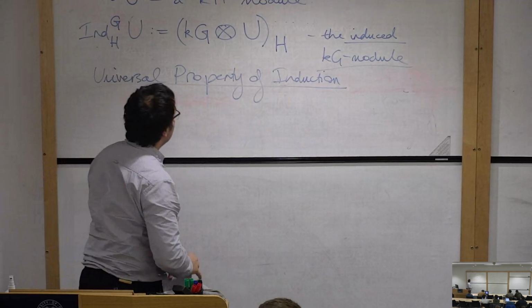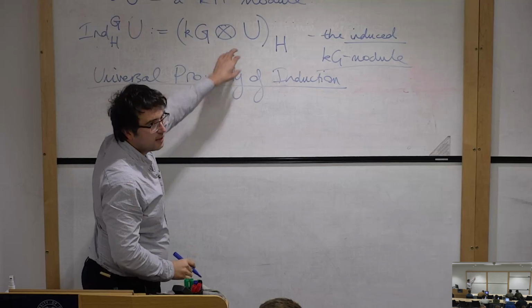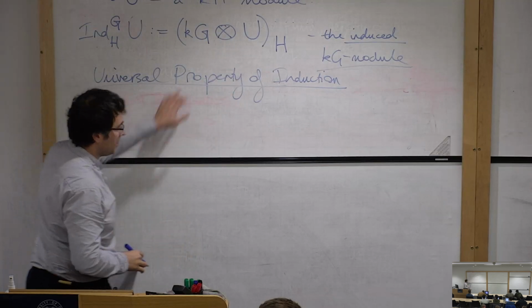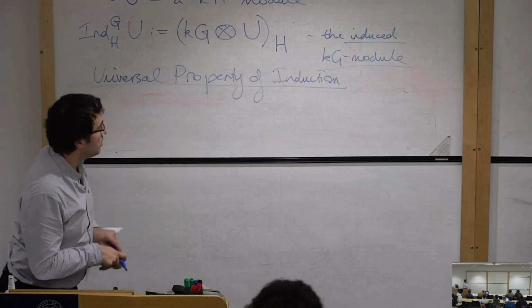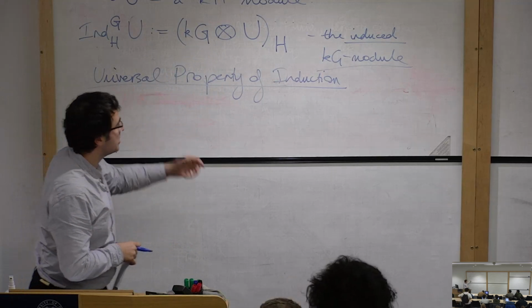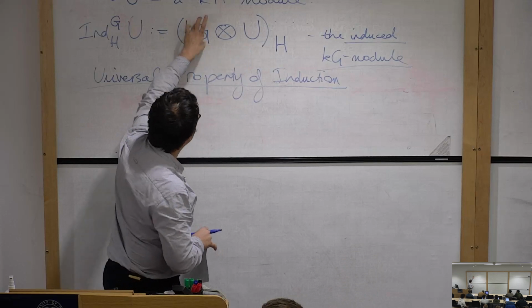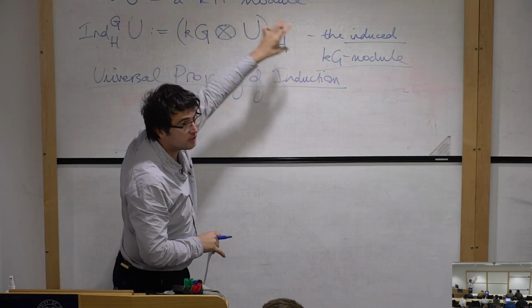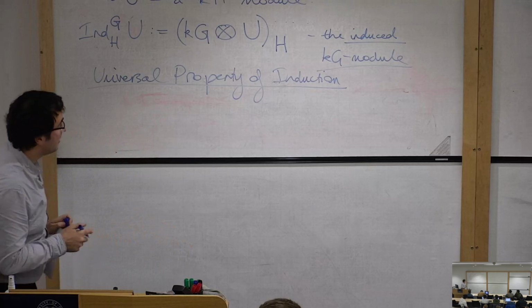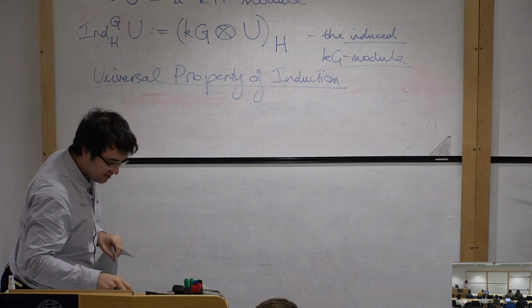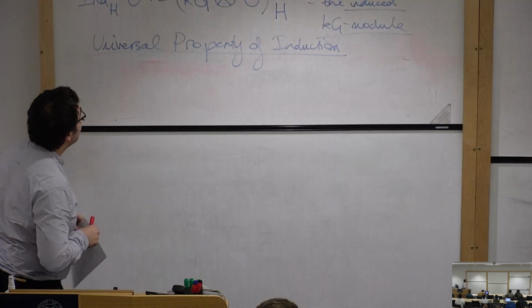Well, this is some kind of tensor product. If you knew about non-commutative tensor products, it is a non-commutative tensor product, and so it's universal for a certain balanced map, I think, say, maps out of kG times U into somewhere. Okay, that's one thing I'm going to say.